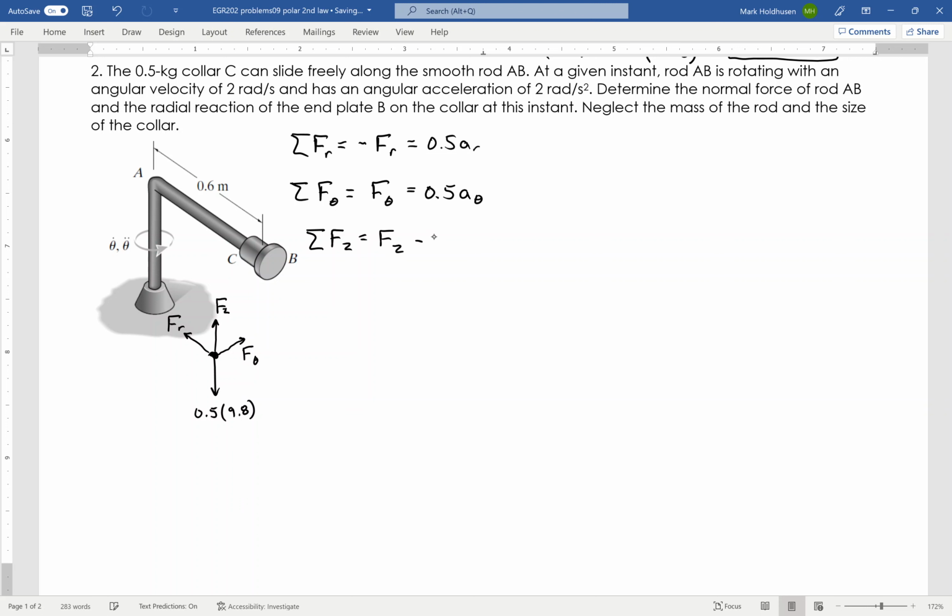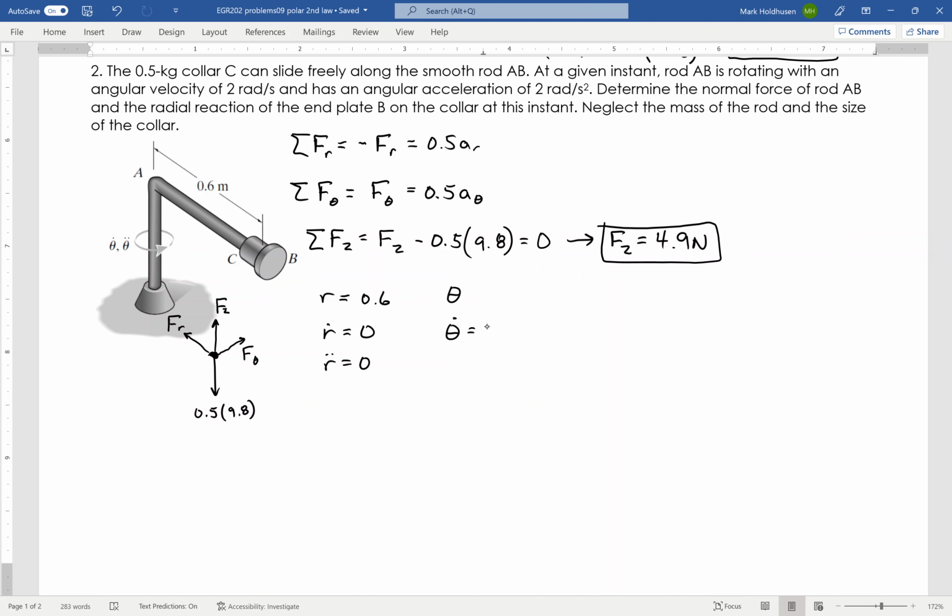Theta, don't really care what theta is. If I do, I'll come back and we'll talk about it. Theta dot is given as 2 radians per second, and it's increasing at 2 radians per second squared. So theta double dot is also 2. Again, that's given in the problem statement right here and here.